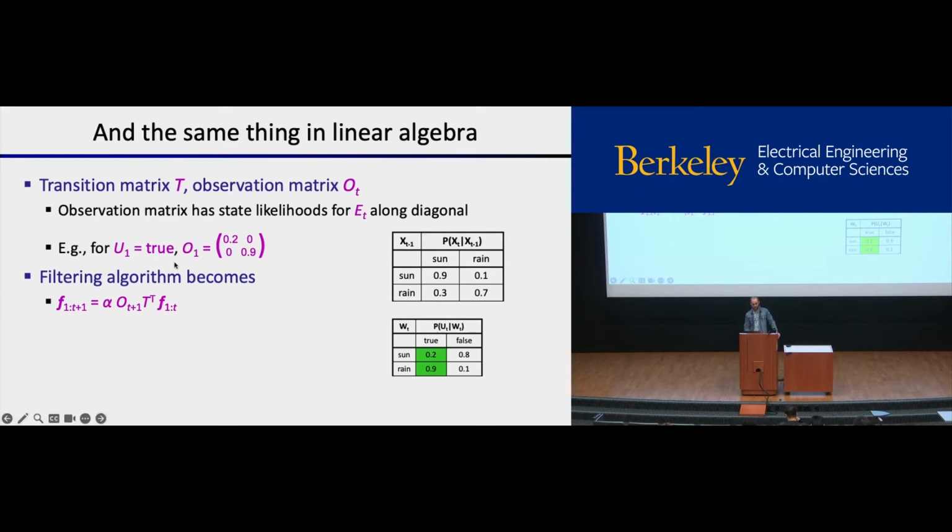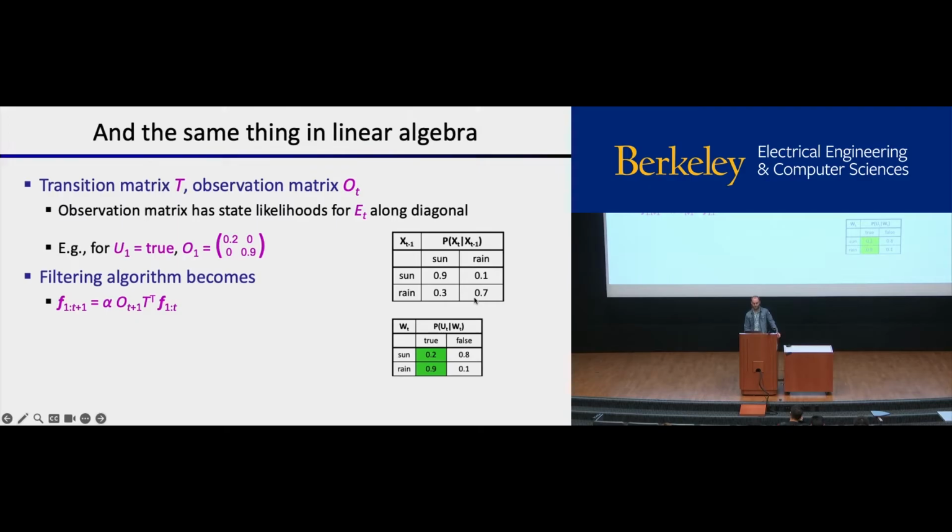So here's our transition matrix. If we have sun at time t minus 1, here's the probability distribution over sun and rain at time t. If we had rain at time t minus 1, here's the probability distribution over the weather at time t.